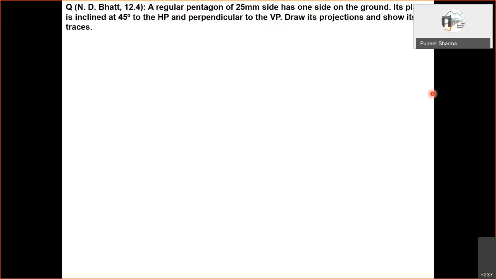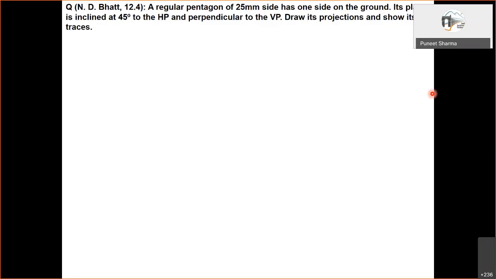That is why what we need to do is initially assume it parallel to the horizontal plane. Since in the final position one side of the pentagon is on the ground, we can assume the complete pentagon to lie in the horizontal plane in the first position.